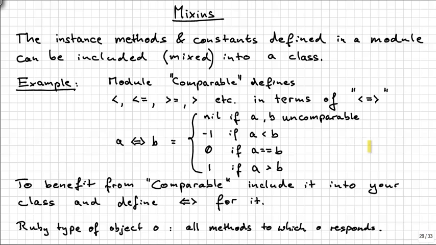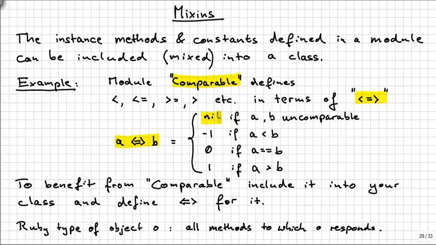There's a module called Comparable, and this module defines a number of operators via methods for less than, at most, at least, greater than, and so on and so forth. And it defines these operators in terms of a special operator, which is defined as follows: A compared to B gives the result nil if A and B are uncomparable.